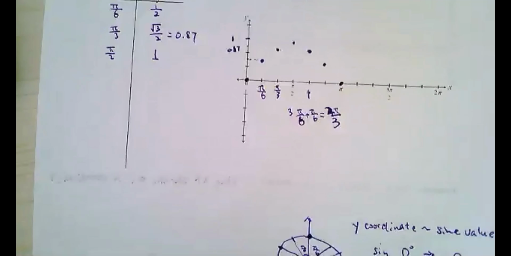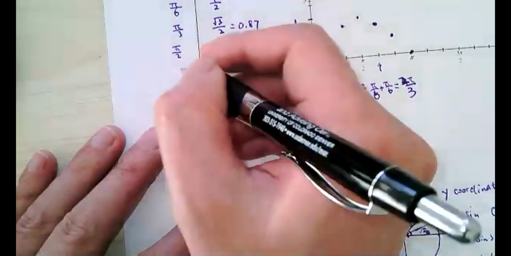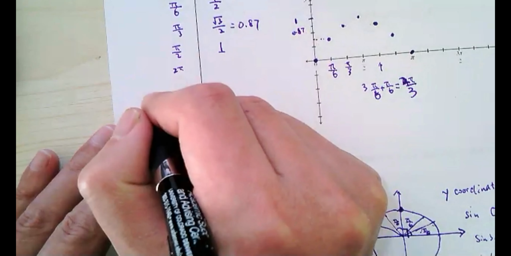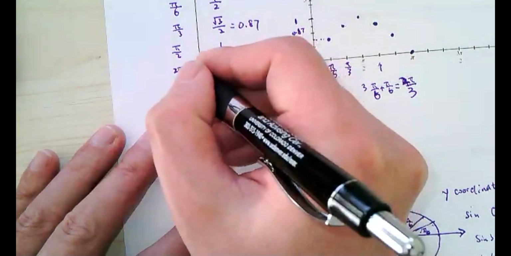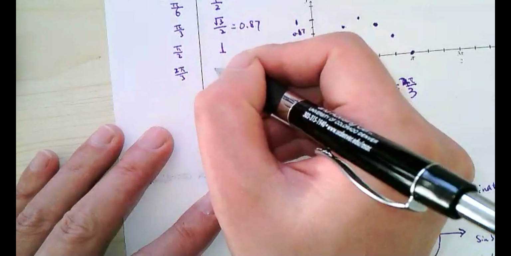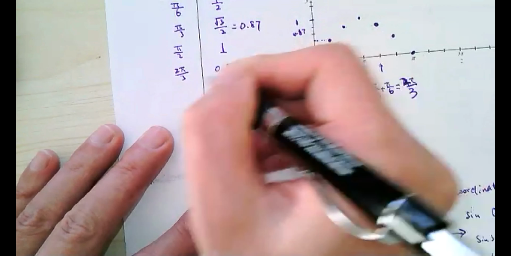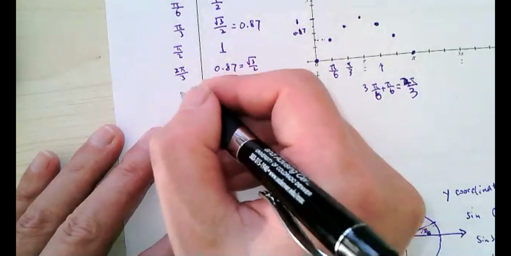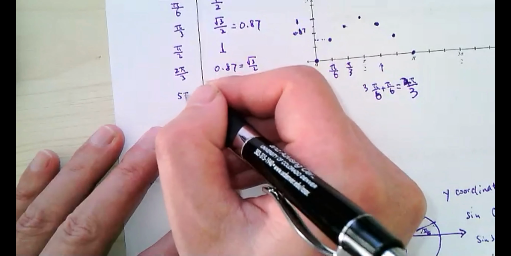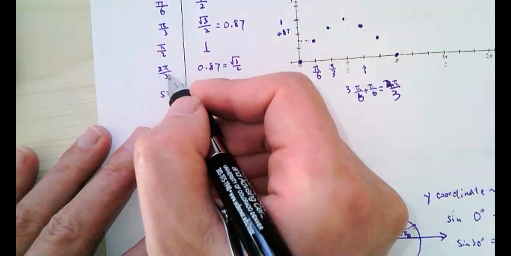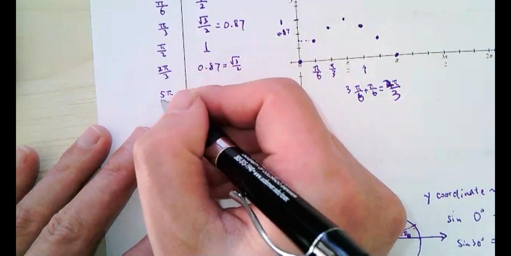So let's write down the values. 2 pi over 3, you still get 0.87. Then 5 pi over 6, because it is 2 pi over 3 plus another pi over 6.